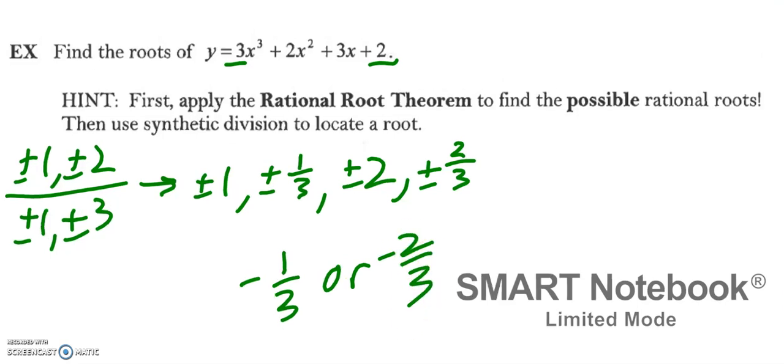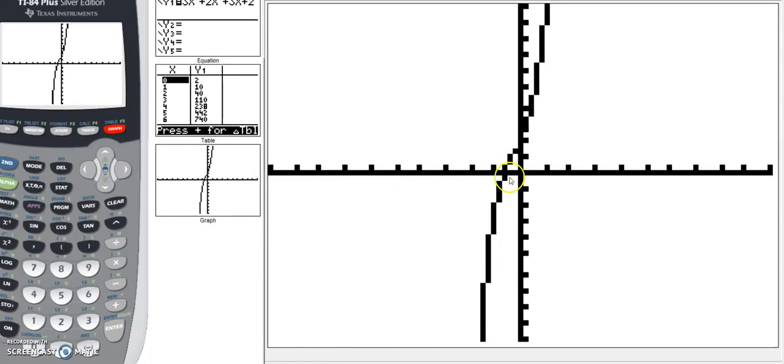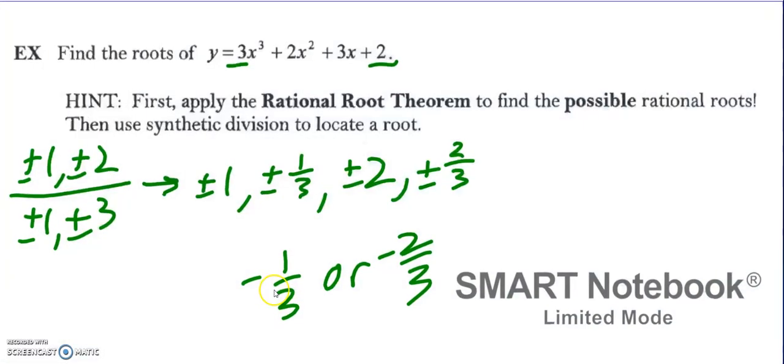Now, if I look at the calculator, I'm going to say that it looks a little bit closer to -1 than it does to 0. So my instinct then tells me that it's probably the -2/3. If it's not, that's okay, then we could try the negative 1/3. But to make my essentially guessing more efficient, I'm going to try the negative 2/3 first.